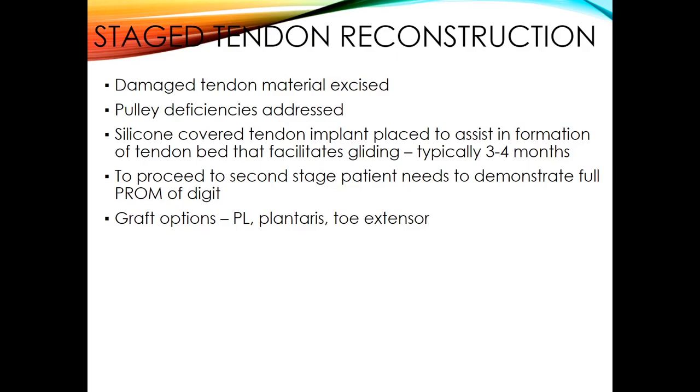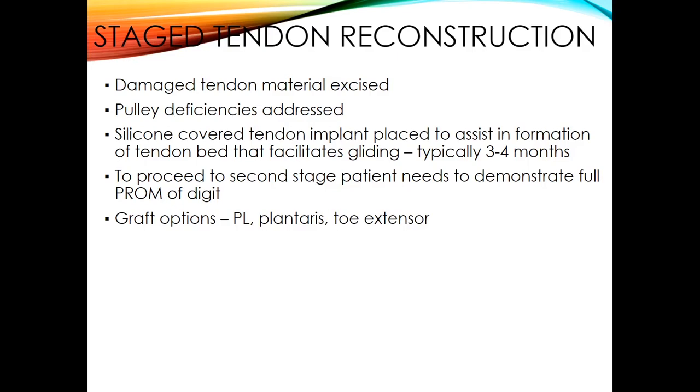And then after that latent time period, once your tendon bed is created, you go back in for your second stage, as long as the patient has full passive range of motion in the digit. And you can use palmaris, plantaris, or toe extensors to graft from the distal aspect of the finger.